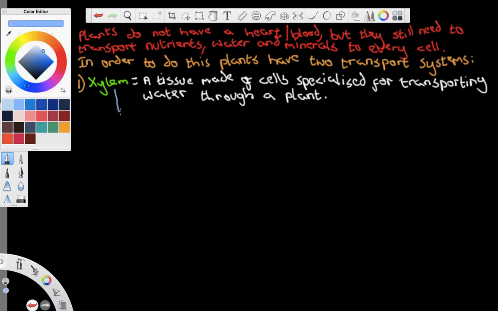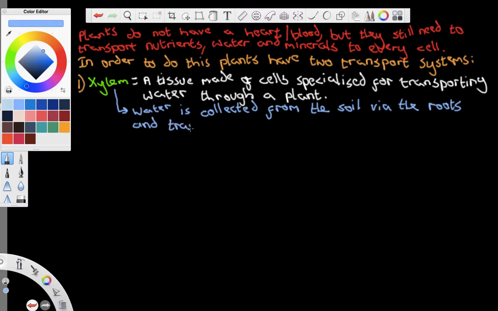So we can say water is collected from the soil via the roots and transported to the plant cells via the xylem.